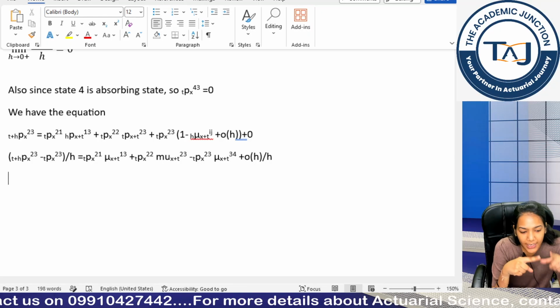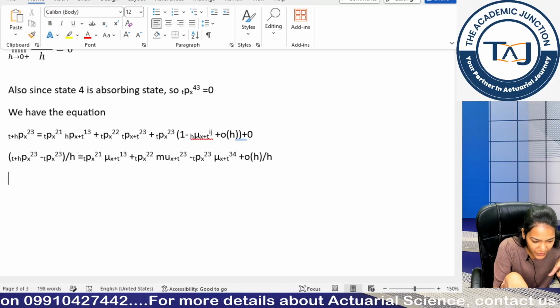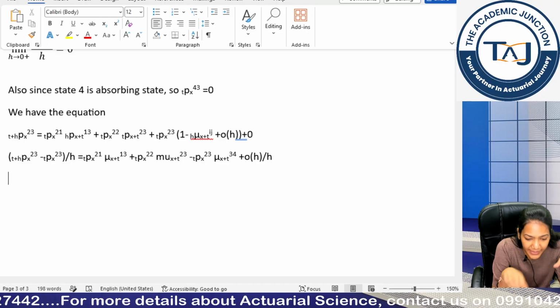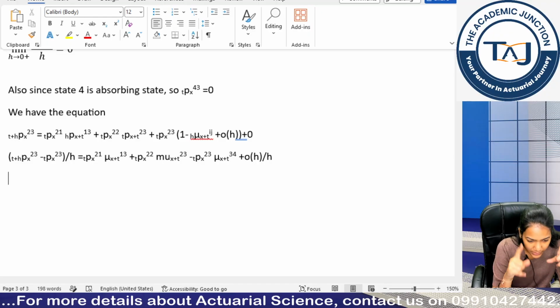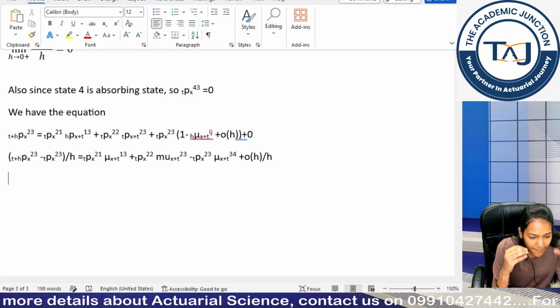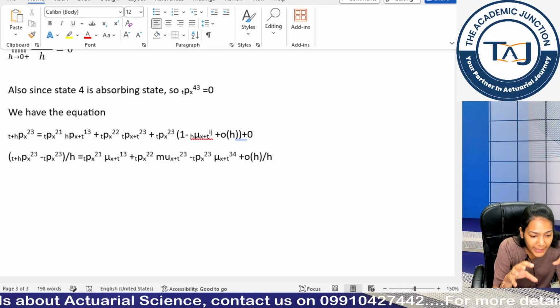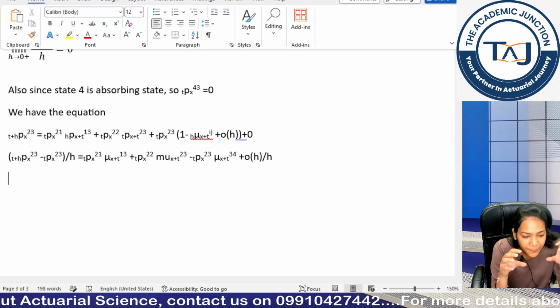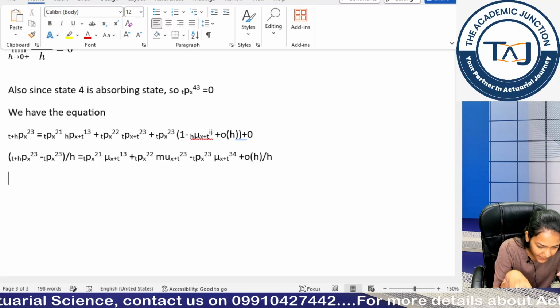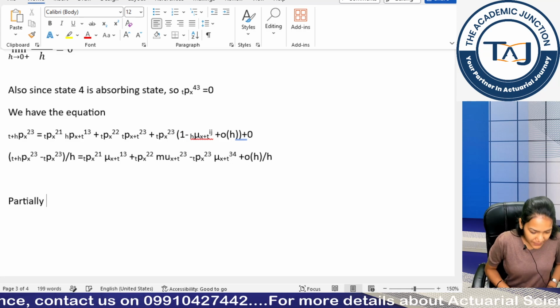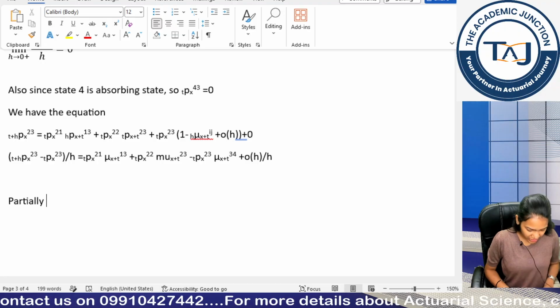But if you are not writing partially differentiating, then it is compulsory to show partial del by del t, otherwise you will get penalized. Clear? My task is to tell you guys where you would be getting your marks deducted and where you can score your marks. So it's better always, if we are partially differentiating, to write partially differentiating.